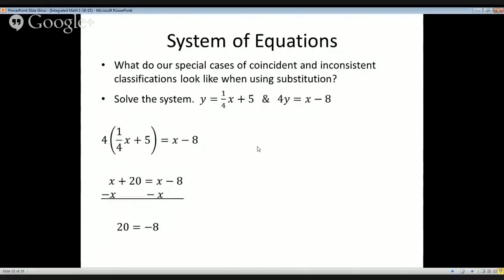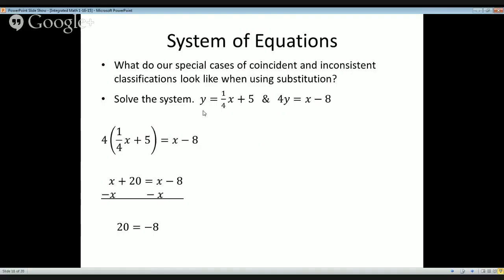All right. What do our special cases of what we call coincident and inconsistent classifications look like? In other words, when there's no solution or when there are multiple solutions. Here's a situation where I have two equations: y equals 1/4 x plus 5, and 4y equals x minus 8.